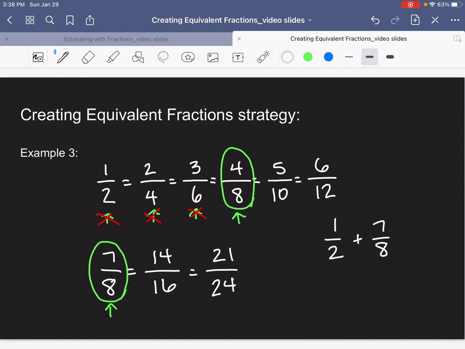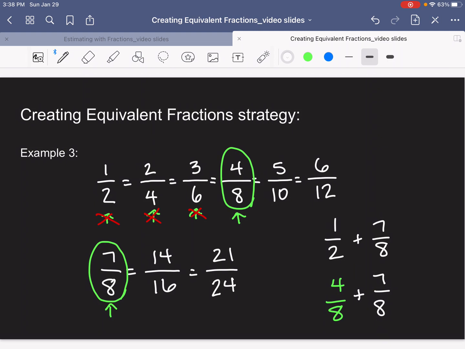And then I'm going to replace 1/2. And just below 1/2, I'm going to write my new fraction that's equivalent to 1/2. I'm going to write 4/8. Then I'm going to come in, and because I recognized that I can continue using my original fraction 7/8 because the denominators match, I will just rewrite 7/8.